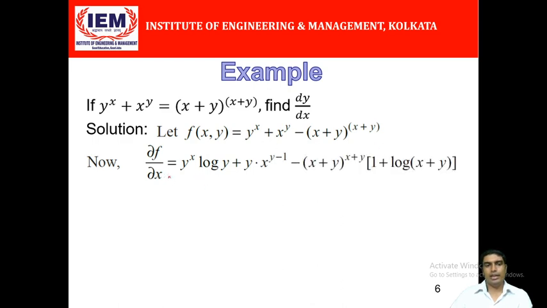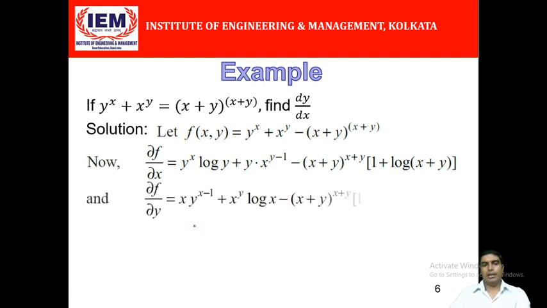So del f del x of y to the power x is y to the power x log y, because we are differentiating with respect to x, and then the differentiation of x to the power y with respect to x: y is constant, so n into x to the n minus 1, so y into x to the power y minus 1, and so on. And here also we can do the differentiation in this way.